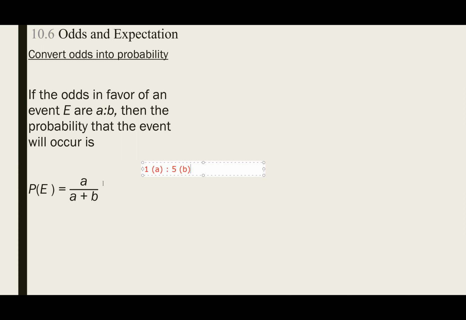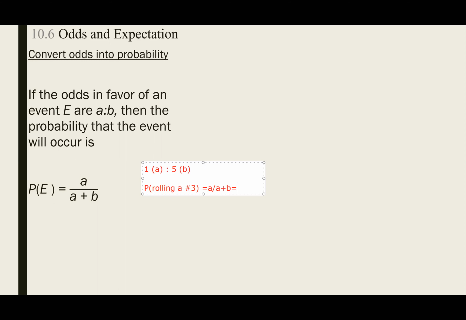So if they give you A to B, to find the probability of rolling a number 3, everybody see that the probability is A divided by A plus B. So what does that mean?